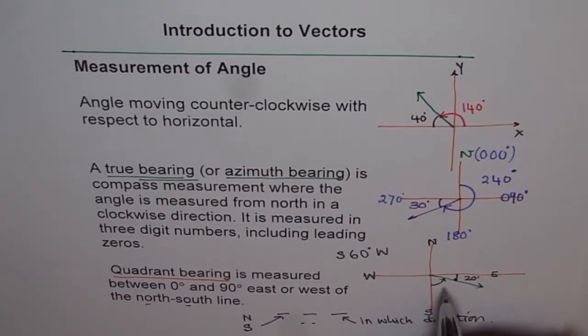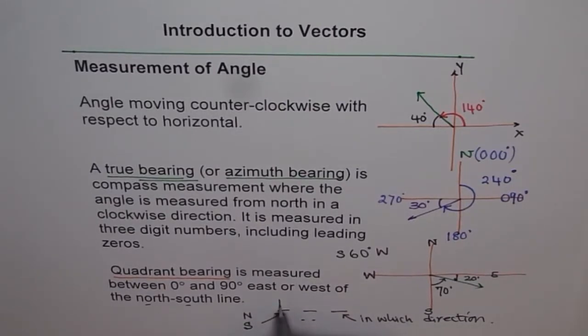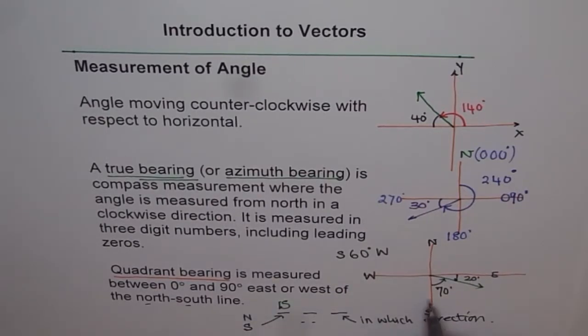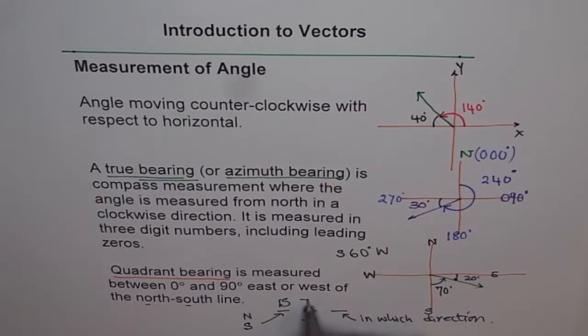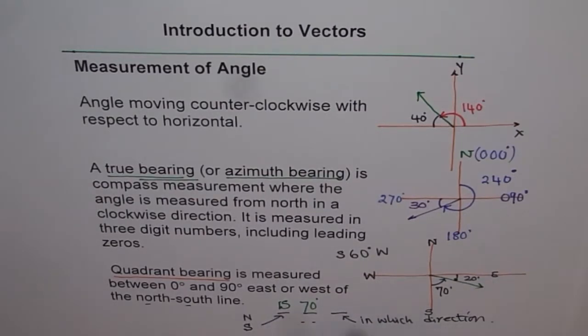So that is 90 minus 20, it gives me 70 degrees. We'll write this south, and 70 degrees towards east. So that is how we are going to write the angle.